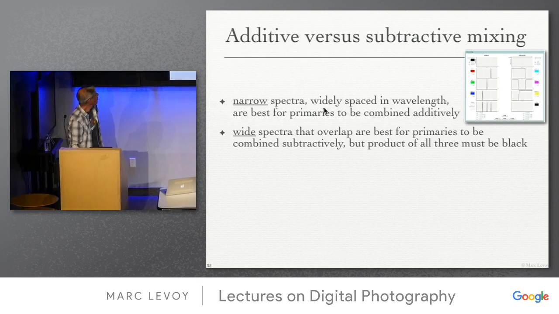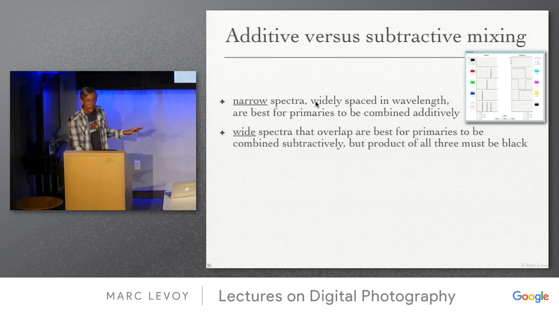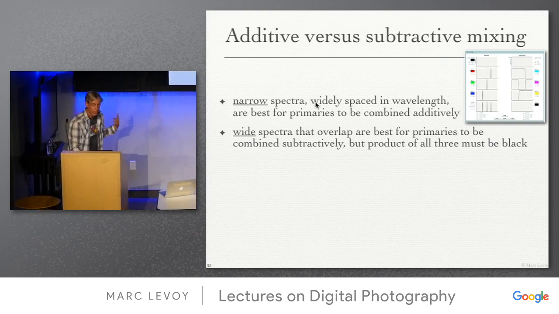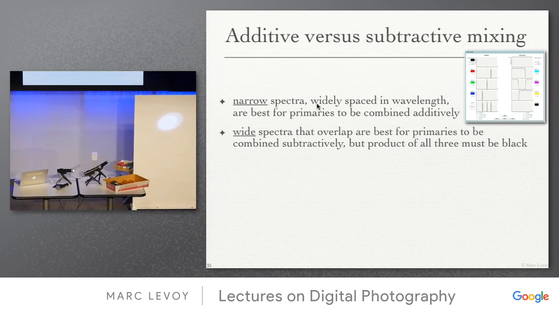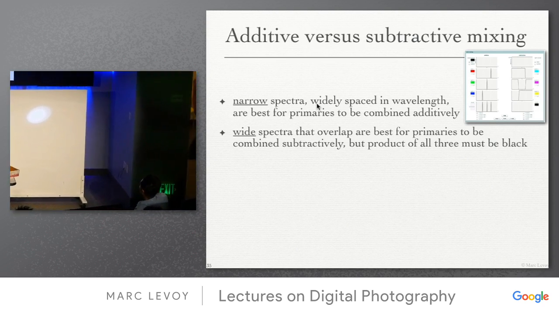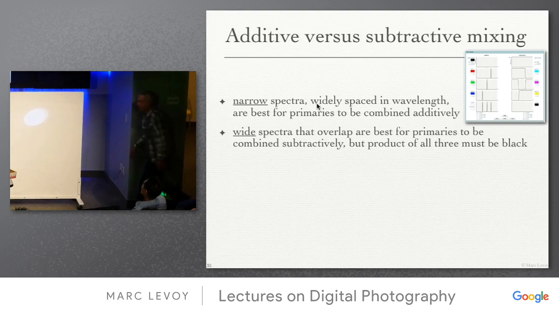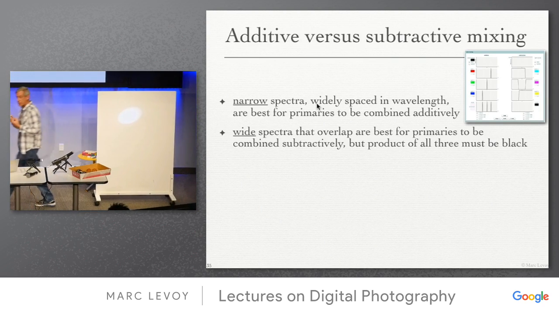And we've already seen that narrow is best for multiplying. I'll turn the lights back on. So narrow is best when you're adding, because it'll get closer to the spectral locus.